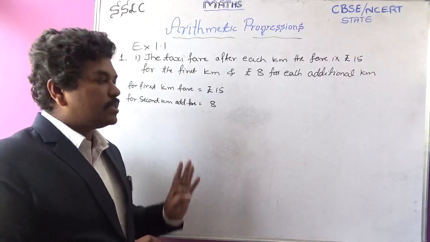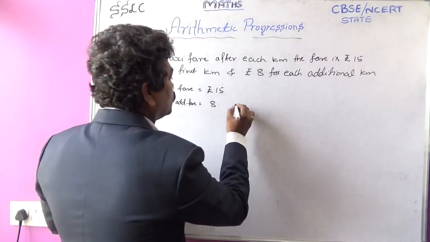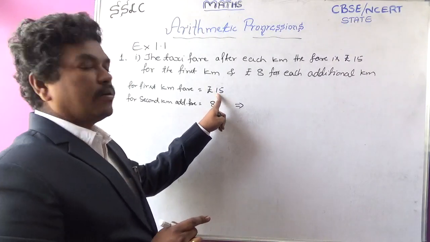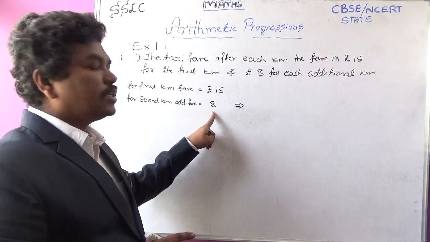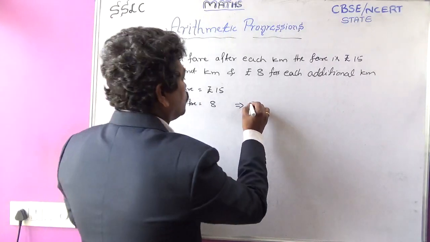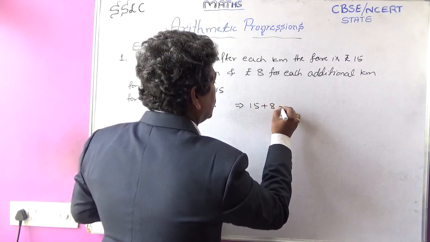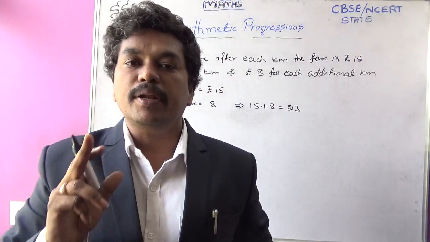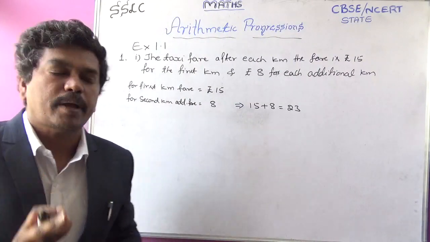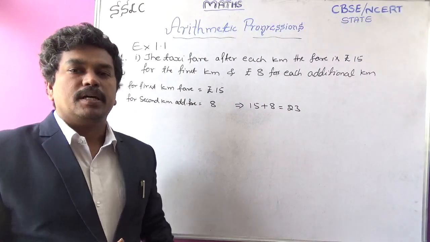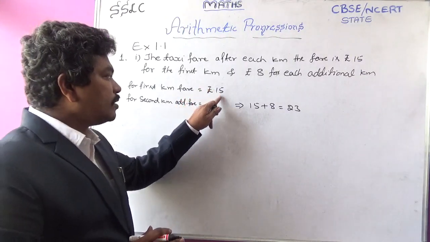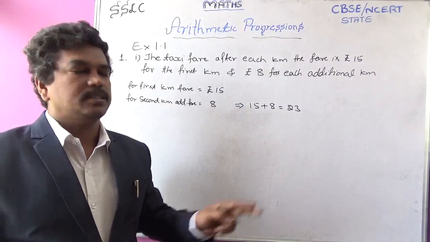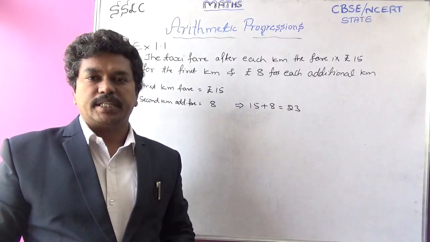For the first kilometer rupees 15, and for the next kilometer 8, therefore you have to pay 15 plus 8, that is equal to 23 rupees. After traveling 2 kilometers, you have to pay rupees 23, because this is for the first kilometer, and for the second kilometer you have to pay 8 rupees, therefore totally the fare becomes 23 rupees.